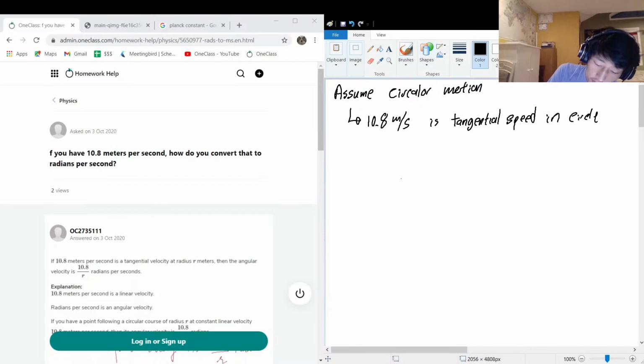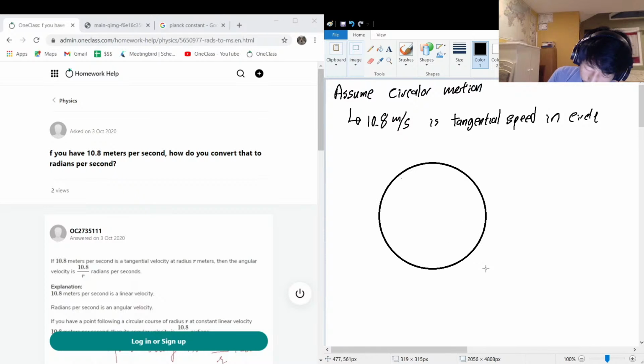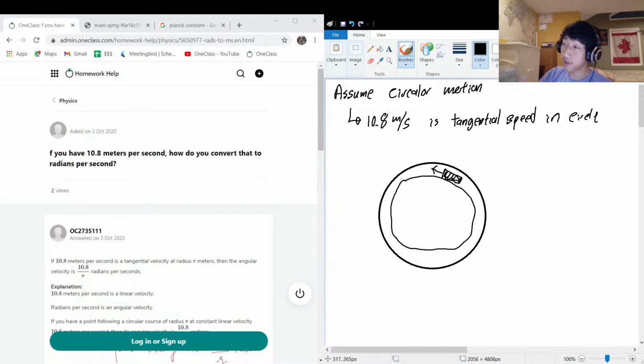So suppose we draw a circle out like this, and maybe this is like a roundabout, and you got your little car here and you're driving in a circular path.